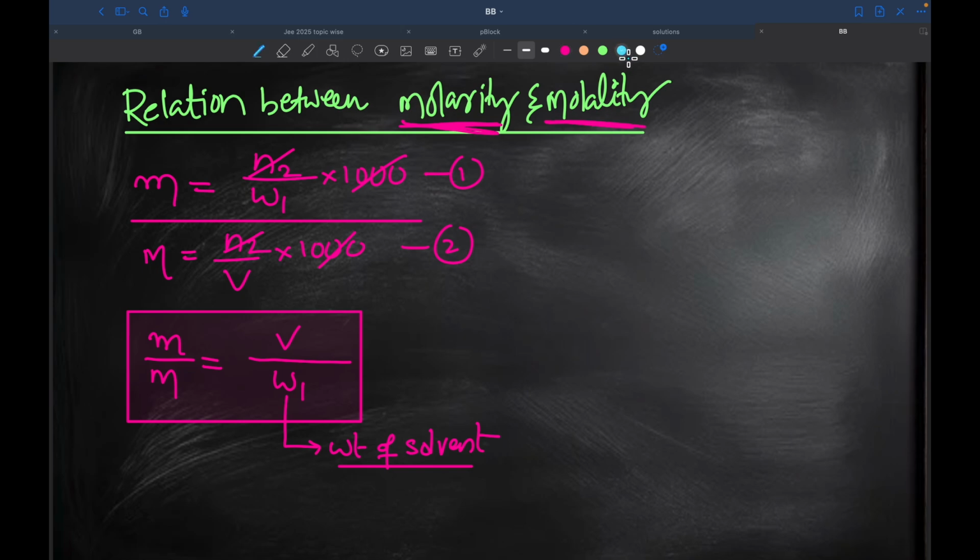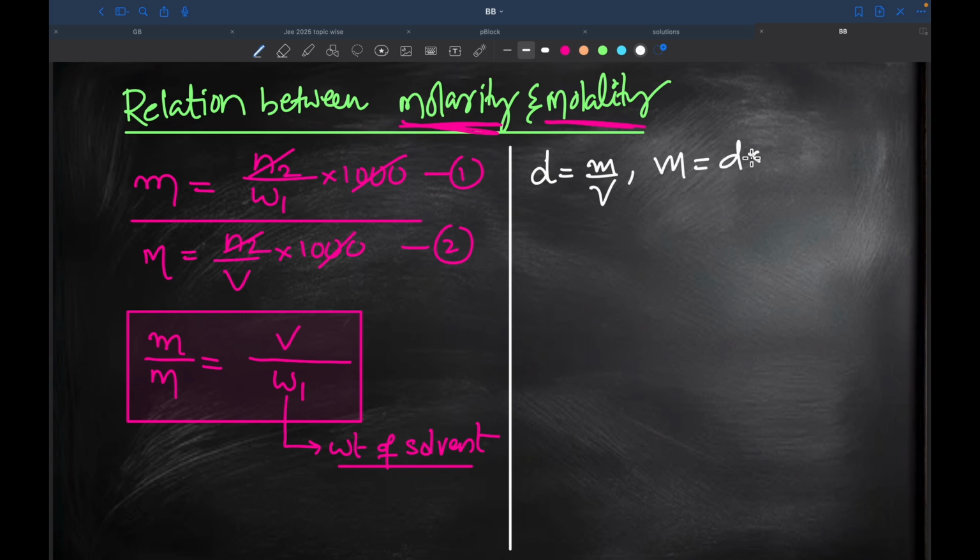Generally they provide the density, right? So what shall we do? We convert this into weight by using the density. So here we have the formula density equals m by v, or m equals density into volume.